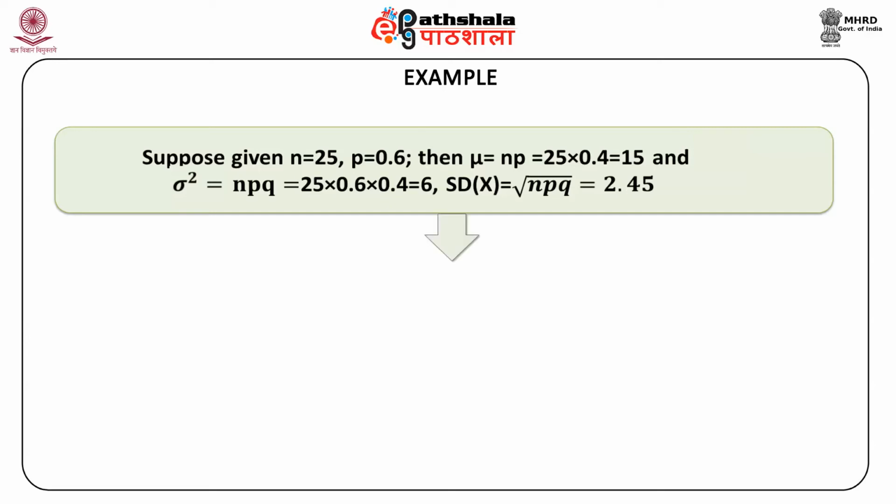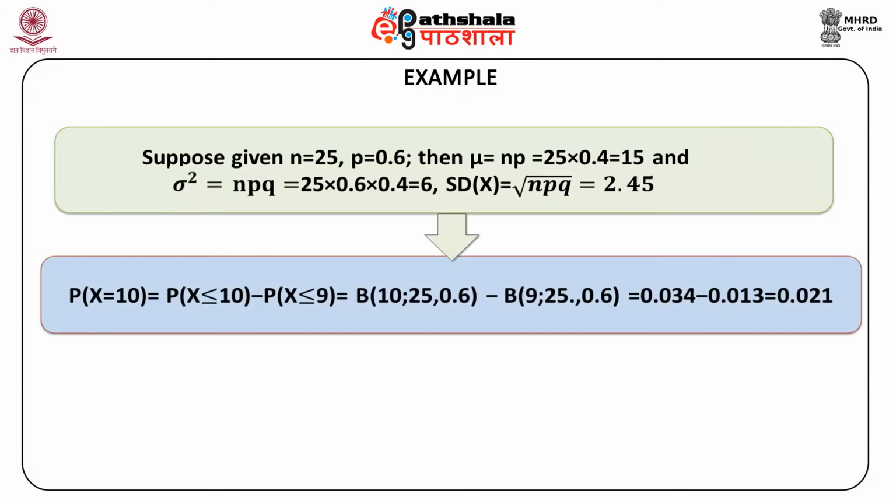Then the probability that x is equal to 10 is equal to the probability that x is less than or equal to 10 minus the probability that x is less than or equal to 9, which is equal to b(10; 25, 0.6) minus b(9; 25, 0.6), which is equal to 0.034 minus 0.013, which is equal to 0.021.